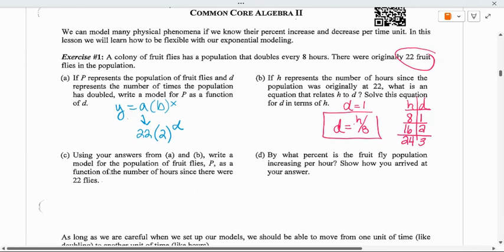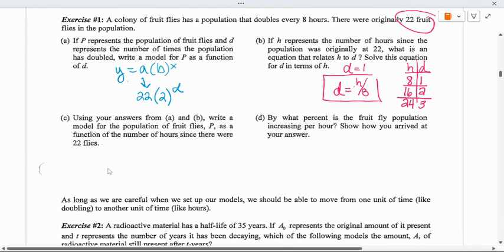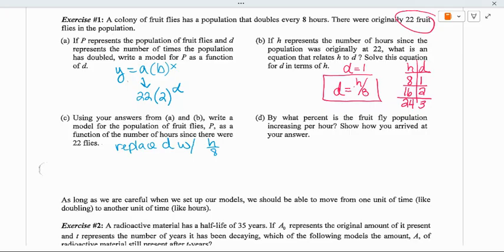So using your answers from A and B, we're going to write a model for the population of flies. So remember, we're going to replace D with the expression H divided by 8, because now we're trying to find how many flies there are per hour.